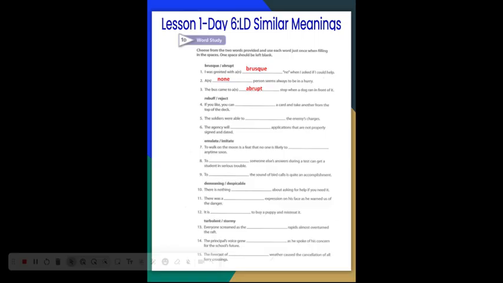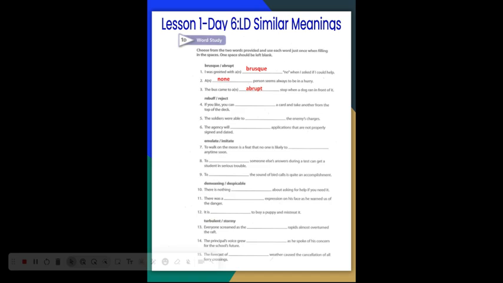rebuff and reject? If you go to your page 3 and review what rebuff means: to reject bluntly, a blunt rejection, or to drive back, or an abrupt setback in progress. So let's look at number 4 and think, what would you put here? If you'd like, you can blank a card and take another one from the deck.